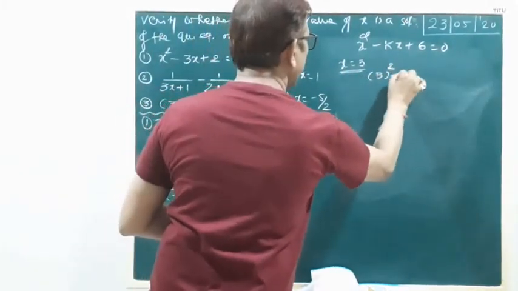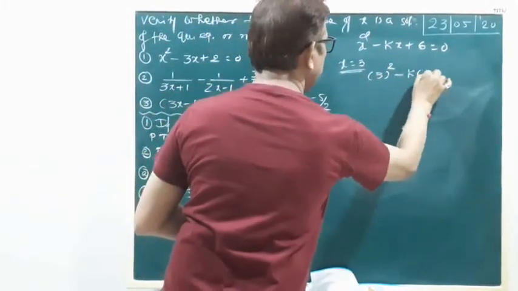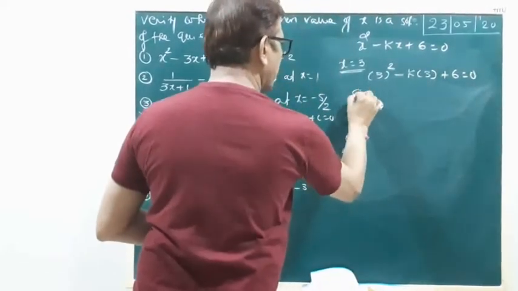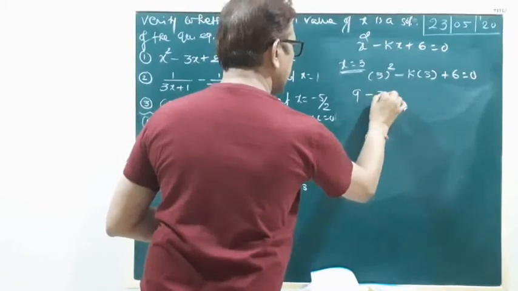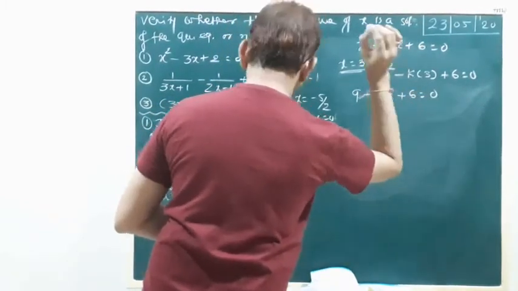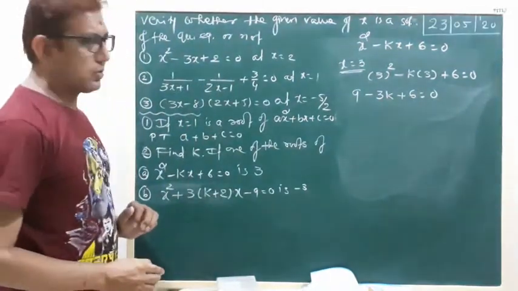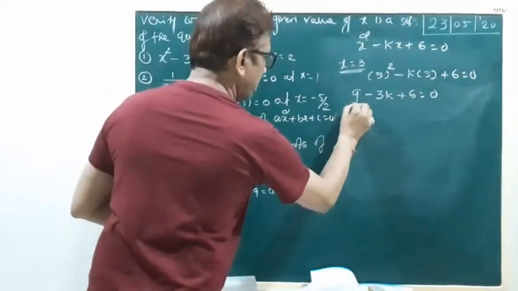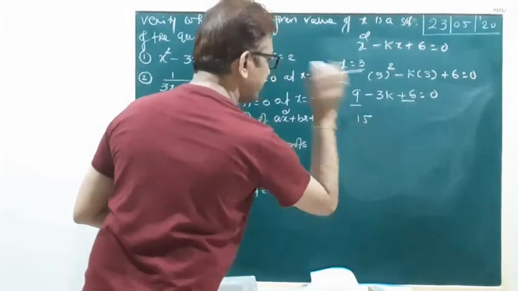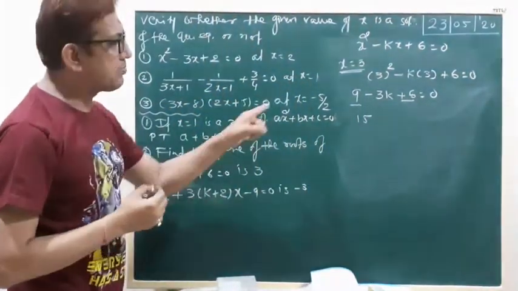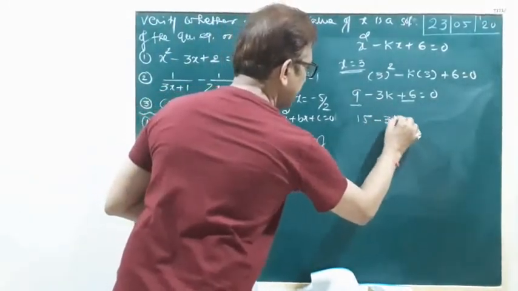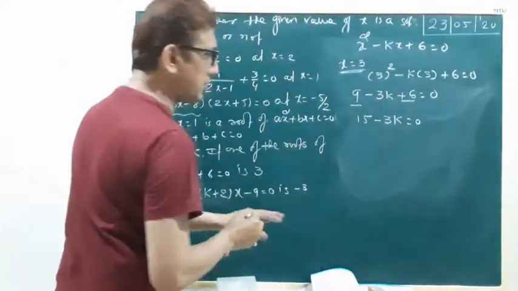So 3 square minus k into 3 plus 6 equal to 0. 3 square is 9, minus 3k plus 6 equal to 0. Now the positive numbers 9 and 6: the sum of these two numbers is 15. 9 plus 6 is 15, minus 3k equal to 0.